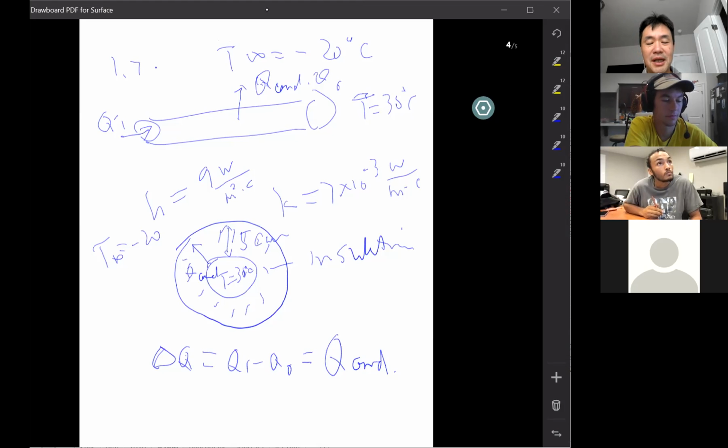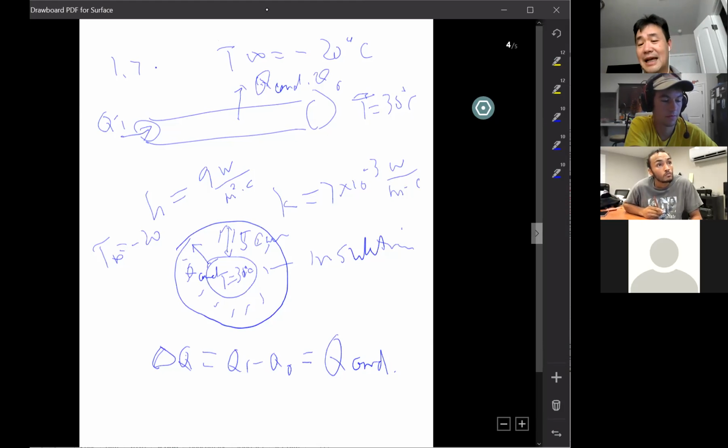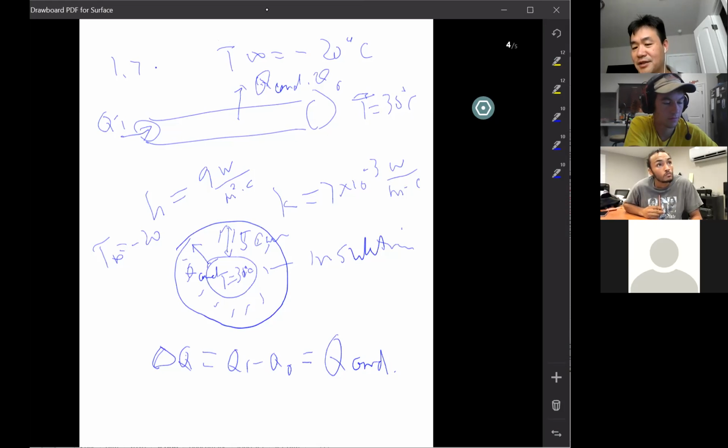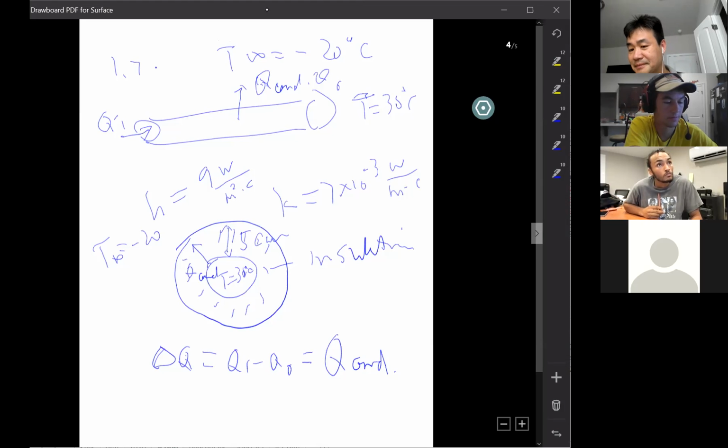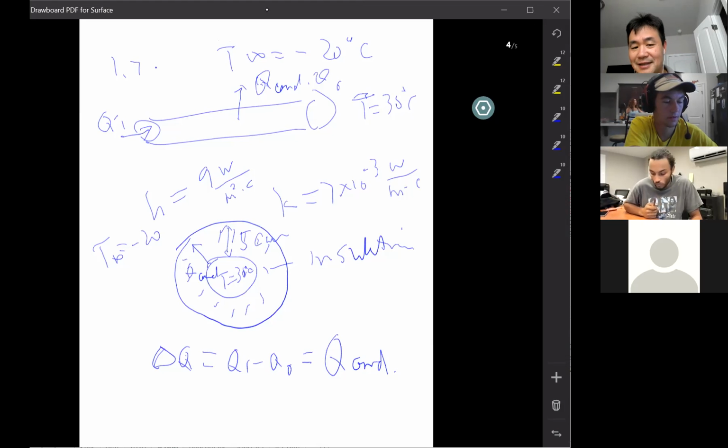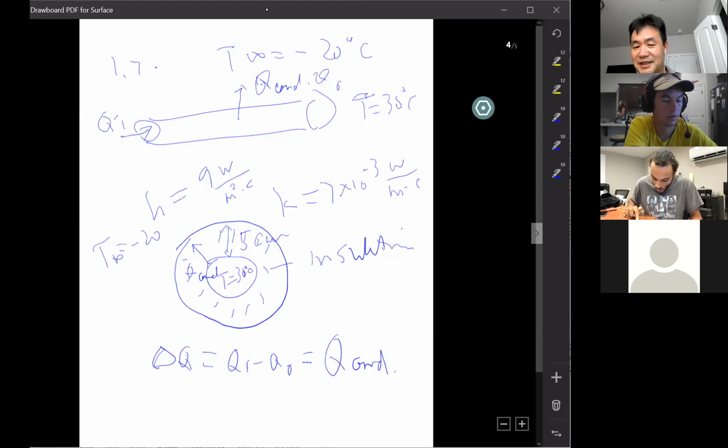But this problem has a lack of information. Remember, this is exactly the example I gave you for cylindrical coordinates, how to calculate conduction in the ring. Look at the notes before; they're exactly the same problem. But there's one difference.